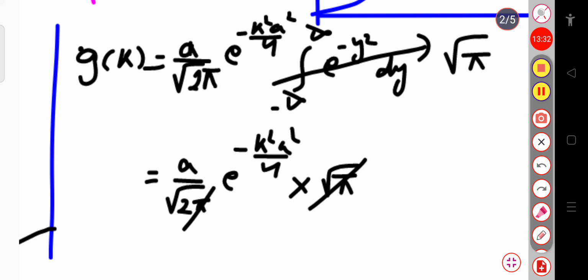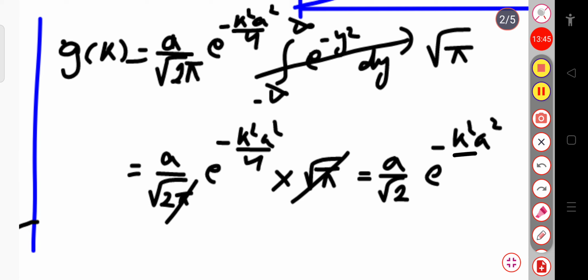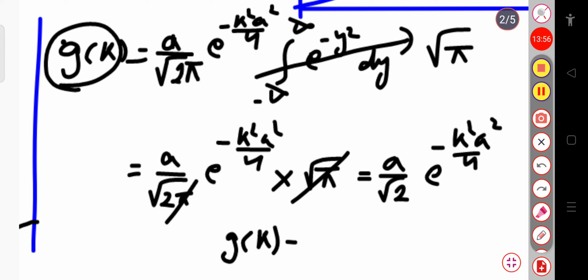So our final expression will be equal to a by root 2 into exponential minus k square a square divided by 4. Okay. Now you can see that this is the Fourier transform, that is we can write g of k equal to a by root 2 into exponential minus k square a square divided by 4.